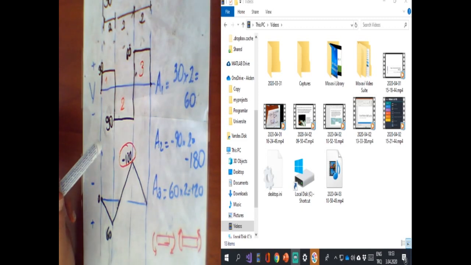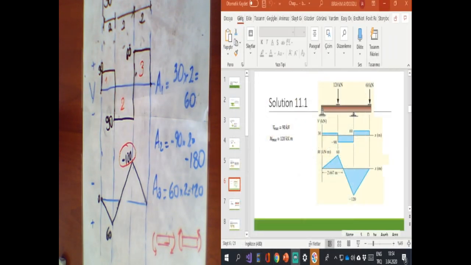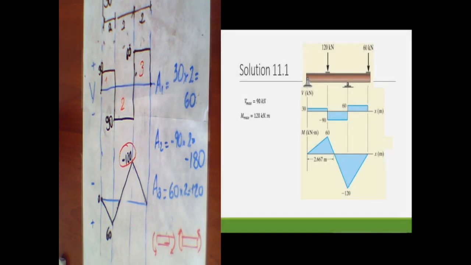Additionally, there is also the maximum shear. You see minus 90, but we don't consider the minus. We also consider the absolute shear. Therefore, Vmax is 90. Maximum moment is 120.